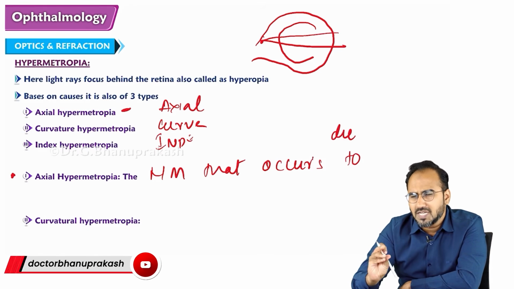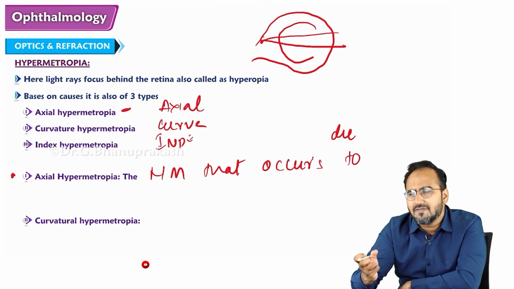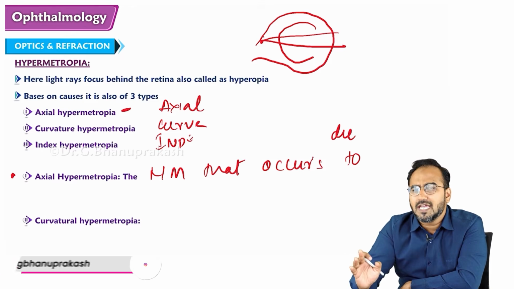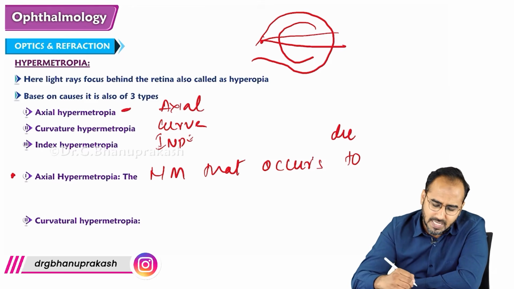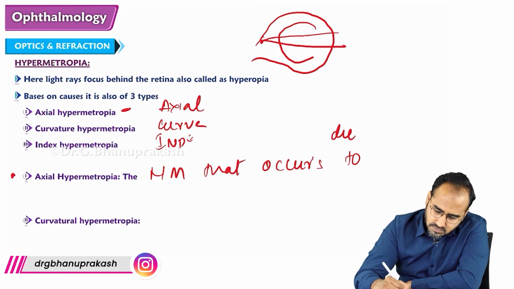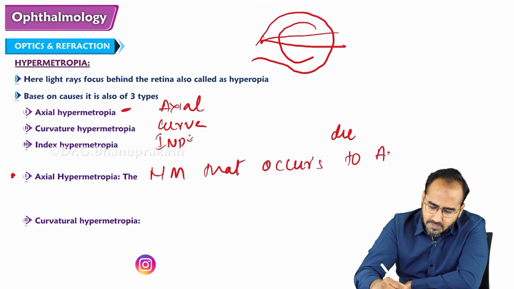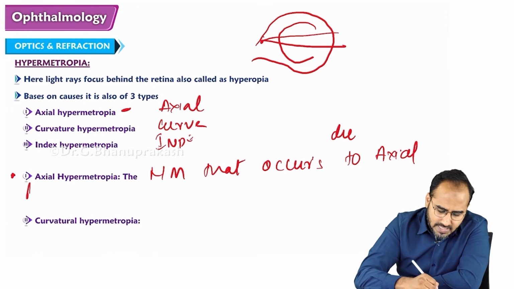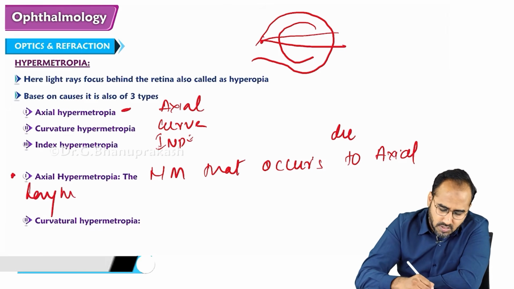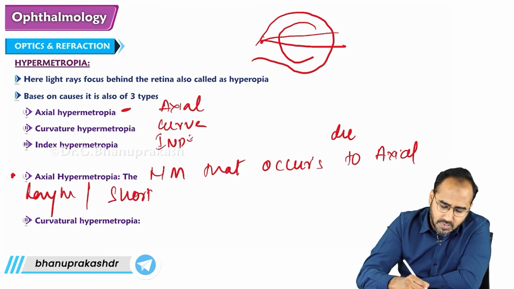No. The patient is developing and the eyeball is still developing, and at one stage it has stopped at 20 mm. If it has stopped developing, then it leads to hypermetropia. So hypermetropia that occurs due to the axial length, or shortening of the eyeball.